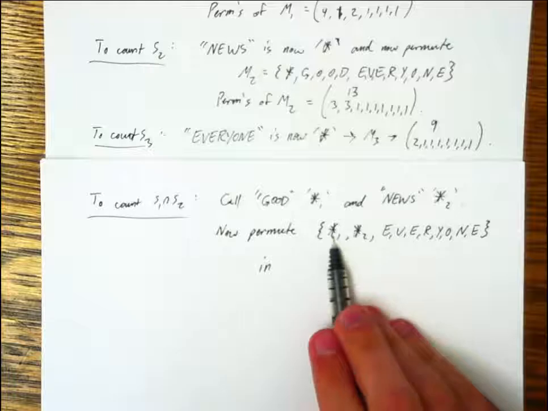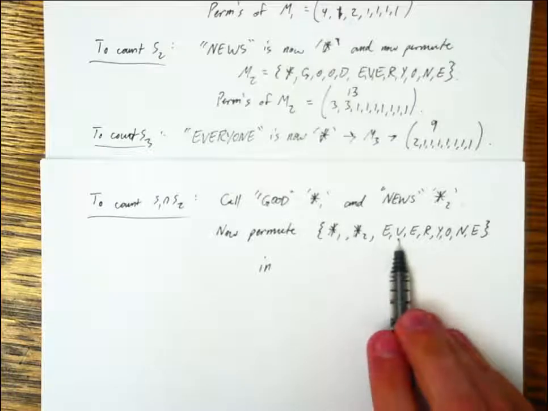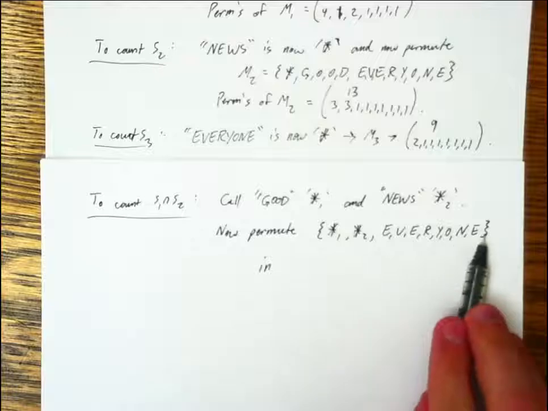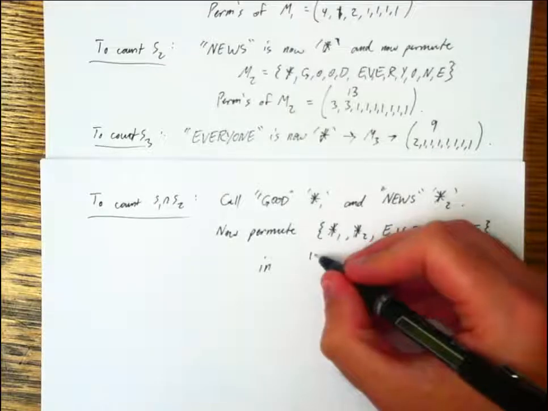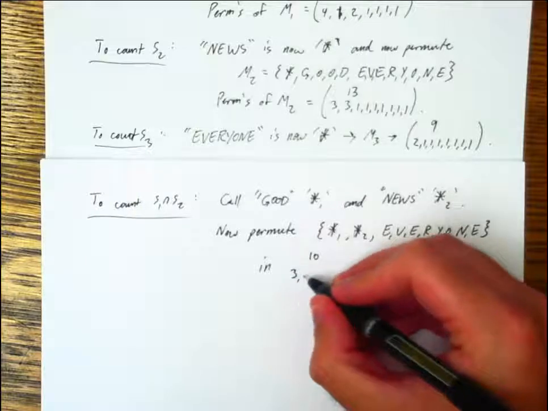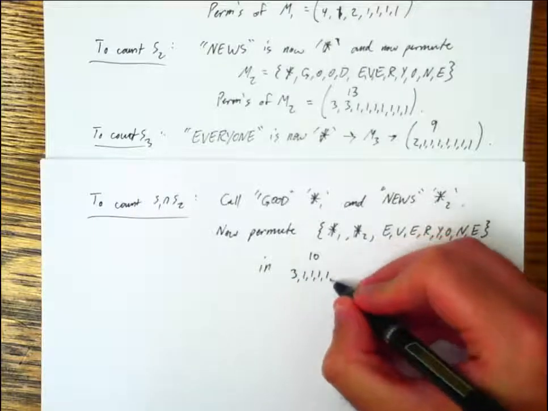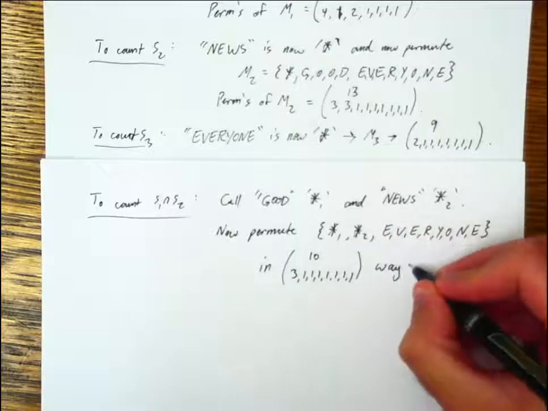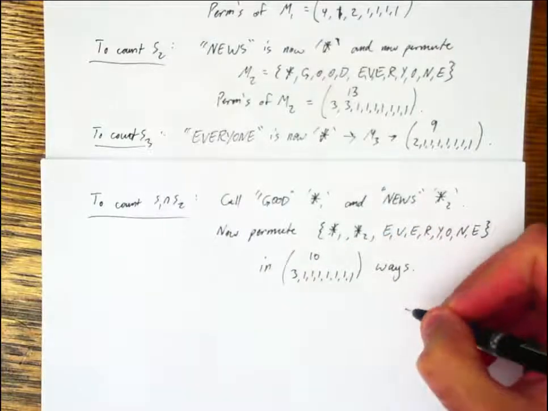How many letters do I have? That's 1, 2, 3, 4, 5, 6, 7, 8, 9, 10 letters. And it looks like the E's are the only things that repeat. 3, 4, 5, 6, 7, 8, 9, 10. I'm going to permute those in that many ways.